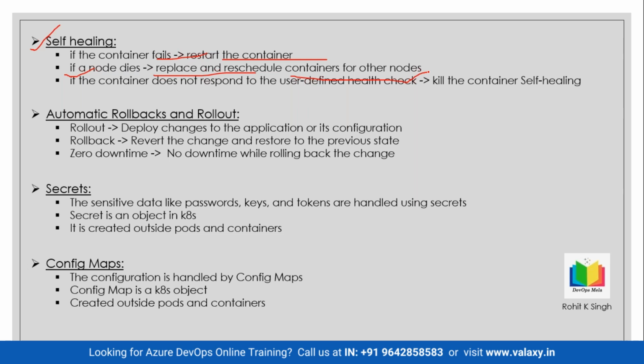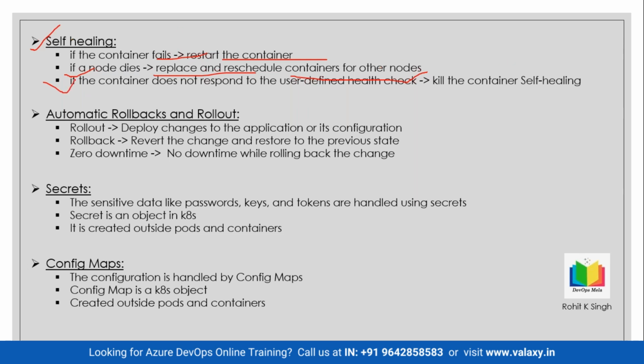From one VM, all the containers will be shifted to another VM. The only thing you have to make sure is that you have auto scaling enabled, and in such cases, you should have other VMs available. If you don't have VMs available, what will happen? Nothing will happen. Okay. So if you have VMs available, then this can be easily done.